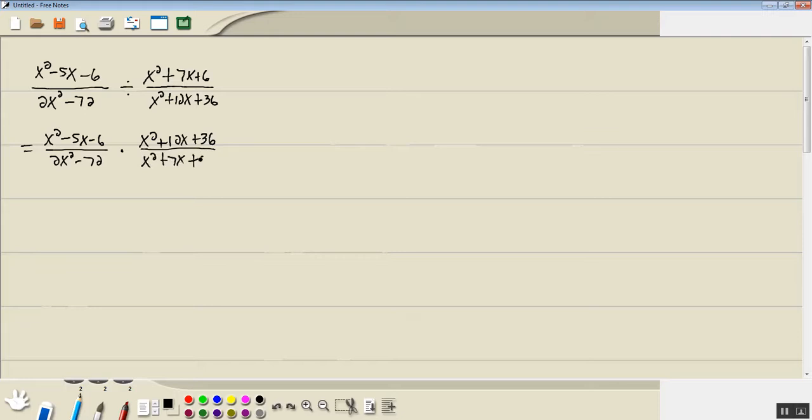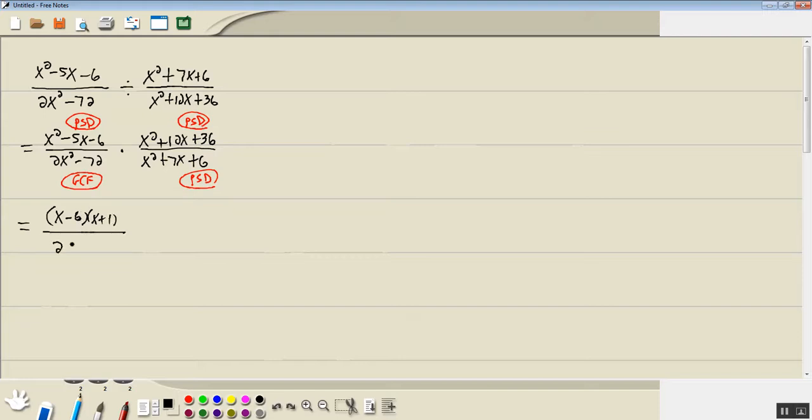Now I'm not going to show all the steps for factoring. If you have any questions on the factoring, you can contact me. But this first fraction, the top is PSD, so we've got x squared, x, no number for x squared. The bottom here is our GCF, because they're both divisible by 2. And the top here is PSD, and the bottom is PSD for the same reason as the first one. So this is going to factor as x minus 6 times x plus 1.